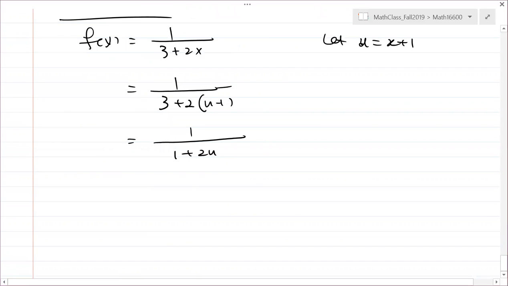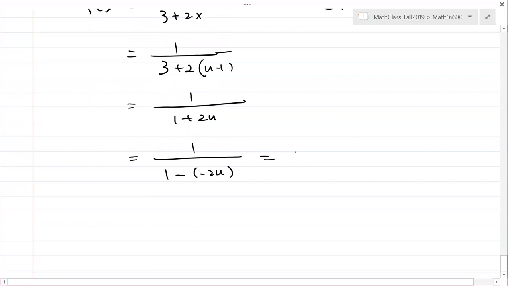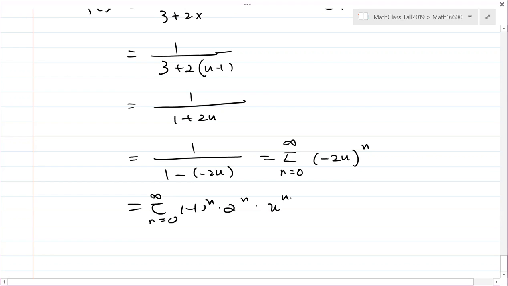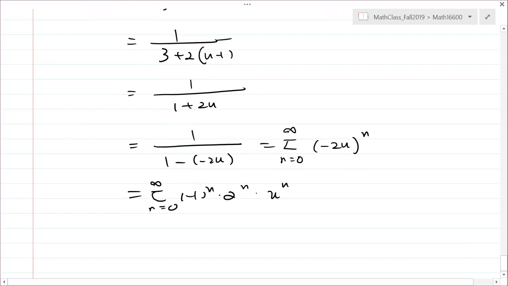Okay, it's getting close. So that is going to be 1 minus negative 2u, right? Then I have the sum to the power n, so I get negative 2 to the n and u to the n. u is what? u is x plus 1.